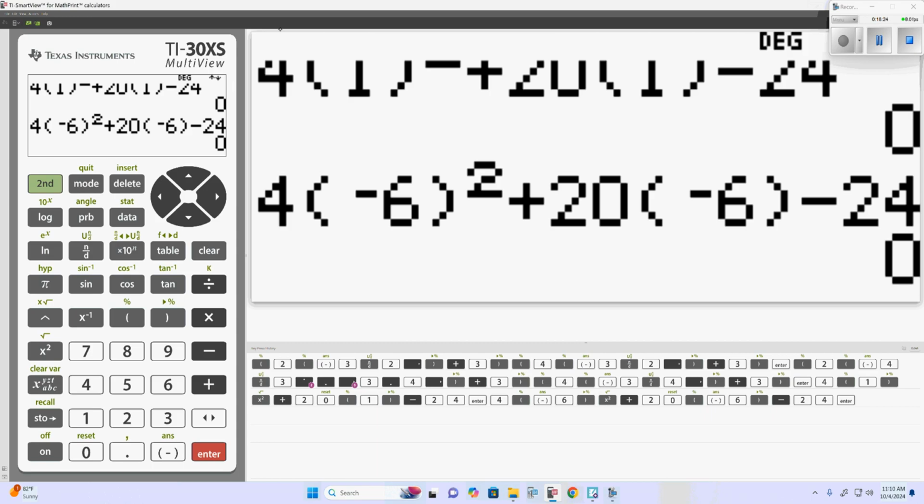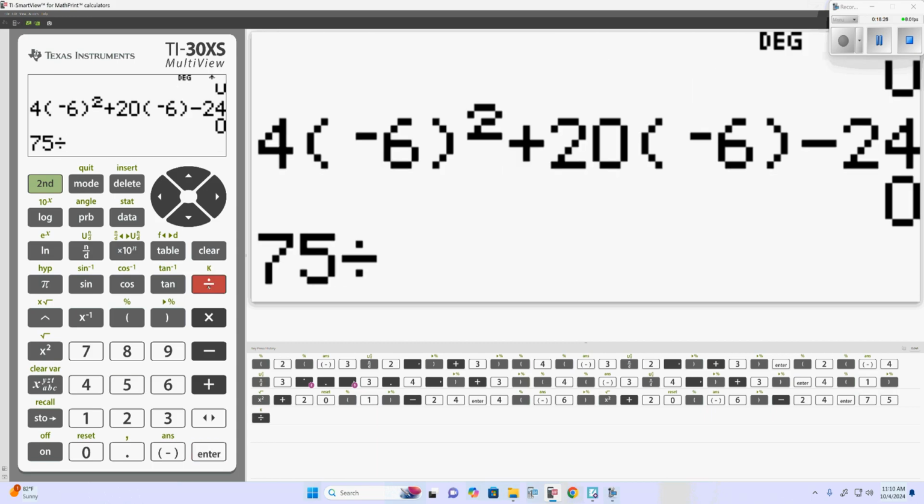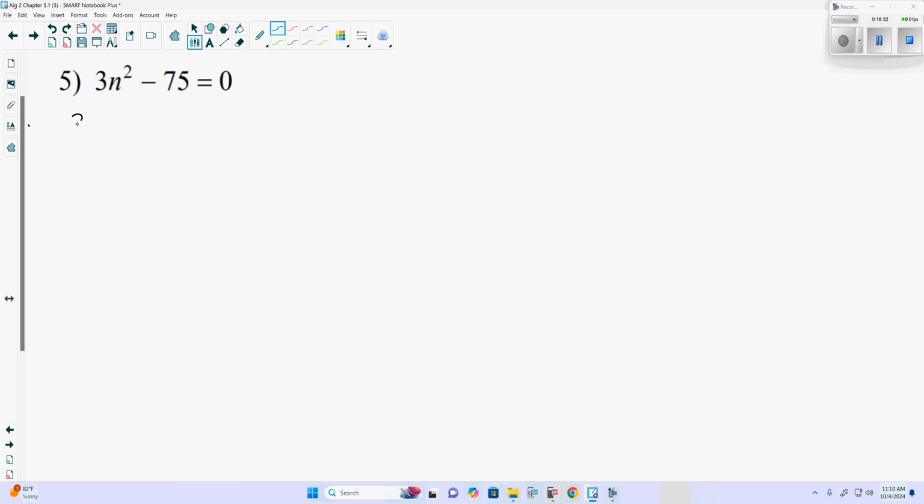Is 75 divisible by 3? So we can factor a 3 out of both terms. So if we factor a 3 out, we're left with n squared minus 25.